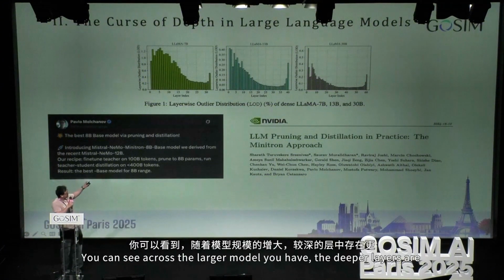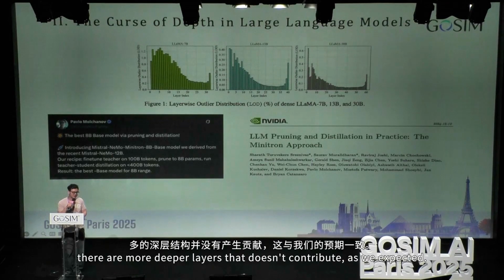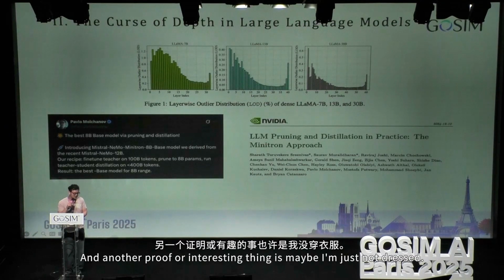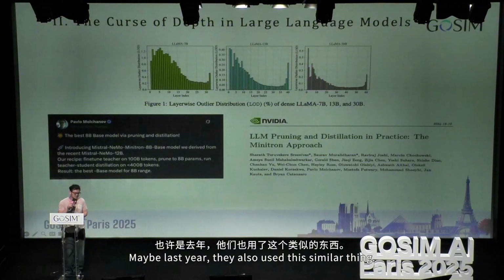You can see that in the larger models, there are more deeper layers that don't contribute as we expected. Another proof, or interesting thing, is that NVIDIA, maybe last year, also used a similar idea.